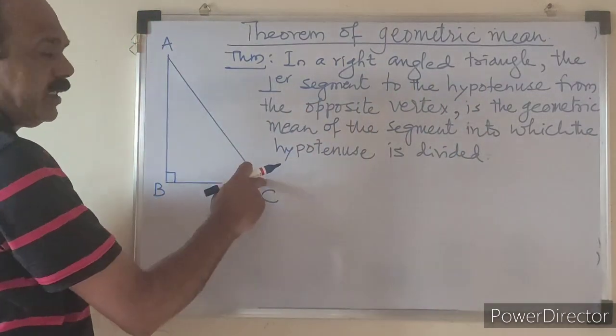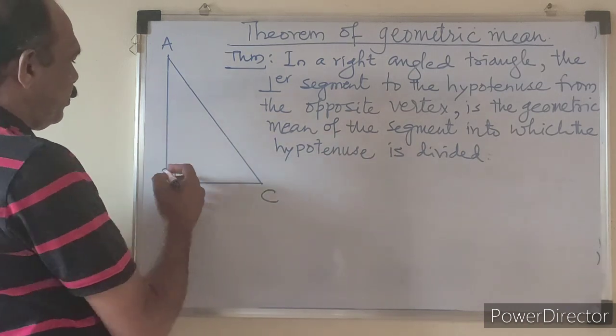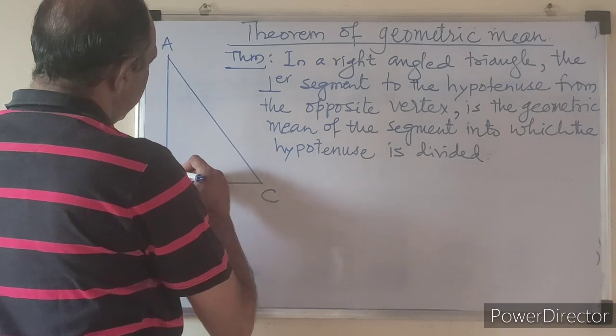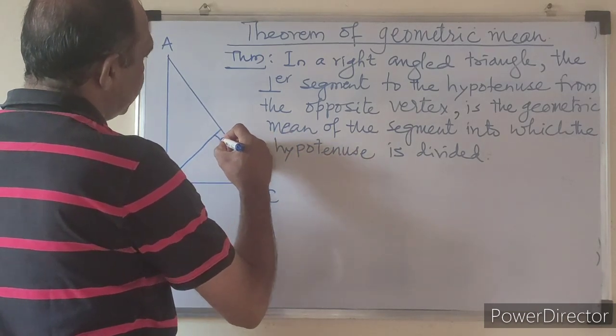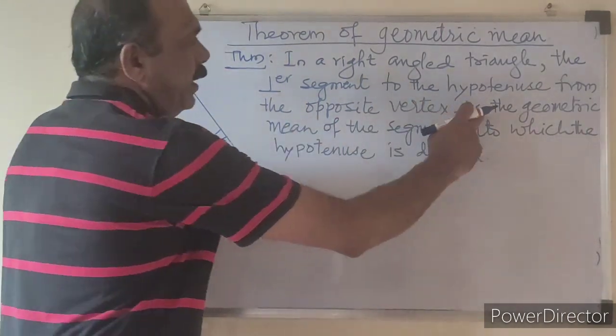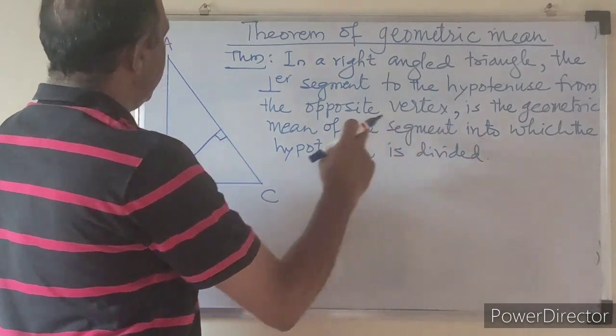Now this is the hypotenuse AC and the opposite vertex is B. So if from this angle B we draw the perpendicular to the hypotenuse, it is the geometric mean of the segments.